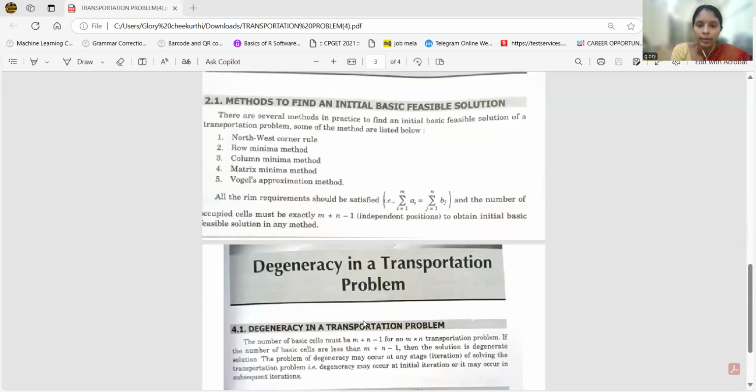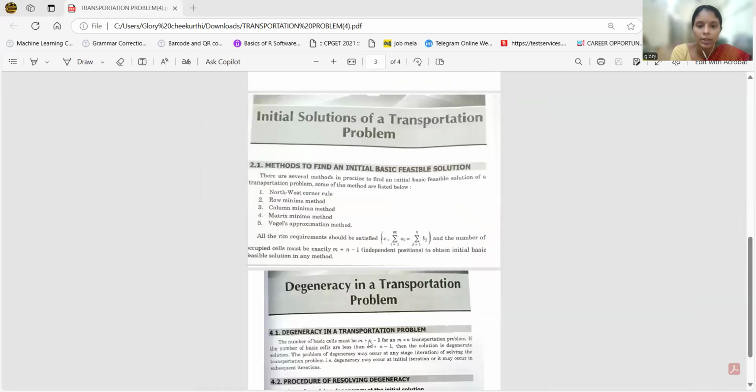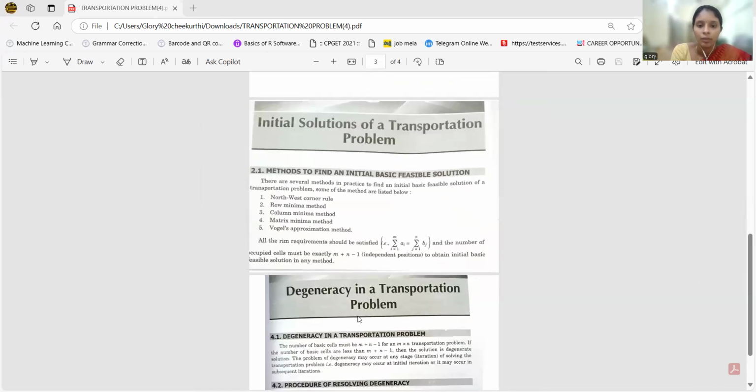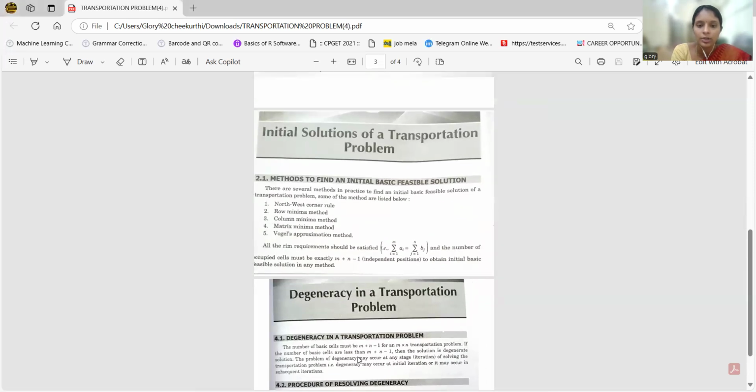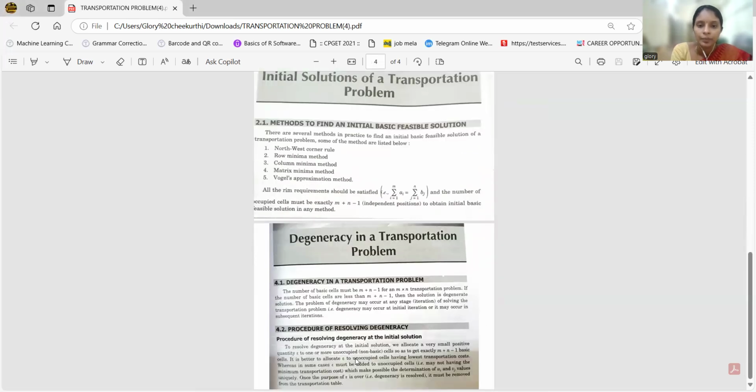There is another concept called degeneracy. This concept arises in a transportation problem if there are fewer than m plus n minus 1 basic cells in the given transportation problem. To resolve degeneracy, we introduce a very small positive quantity called epsilon in the non-basic cell having the least cost.